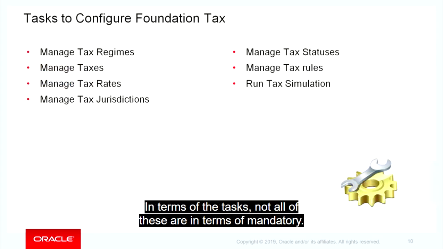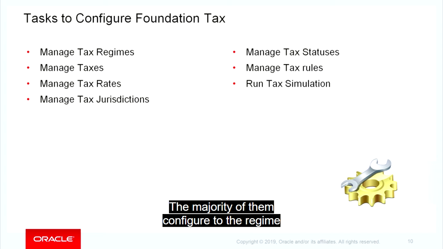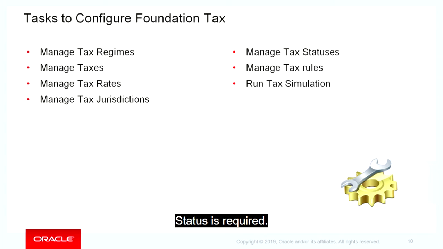In terms of the tasks, not all of these are mandatory. The majority of them are in the configuration from regime to rate, the foundation configuration. So regimes are required, taxes are required, status is required, jurisdictions are required, while tax rates and tax rules tend to be optional.